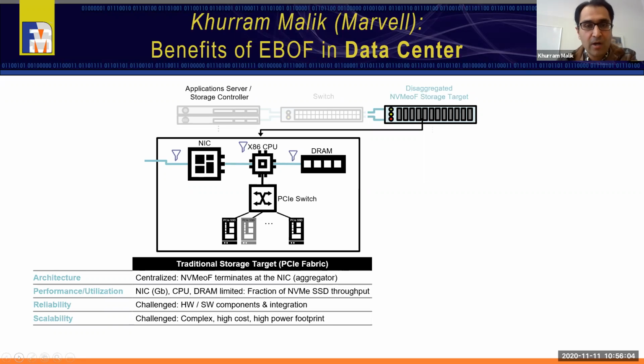We always talk about moving from PCIe Gen 3 to Gen 4 to Gen 5 from a single drive perspective. But the bigger challenge comes into play when we put these drives in this architecture, which has its own bottleneck from the connectivity perspective, the amount of CPU required to process the data, and the DDR required for the data movement in and out of the CPU to the smart NICs.